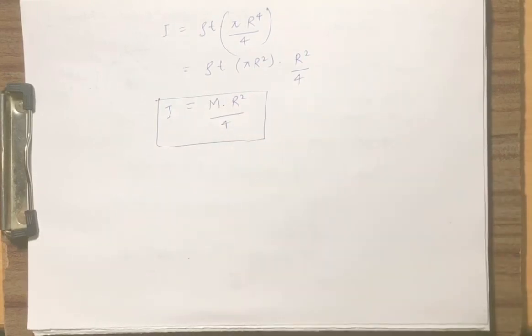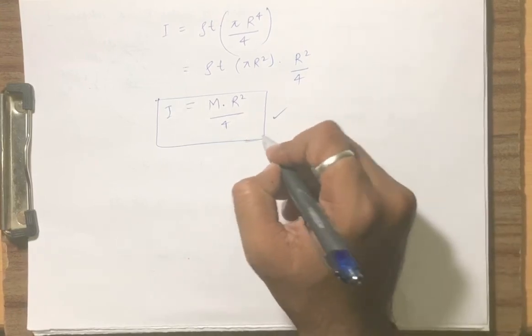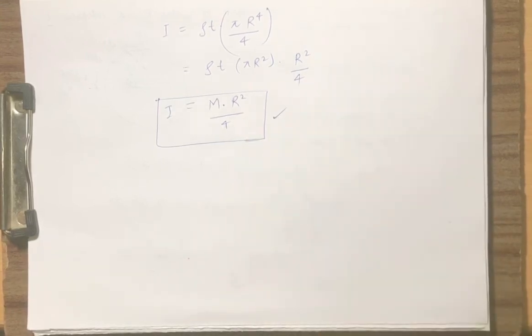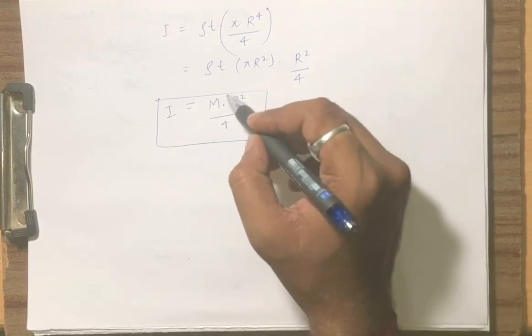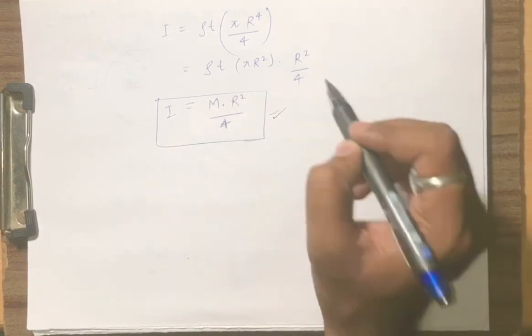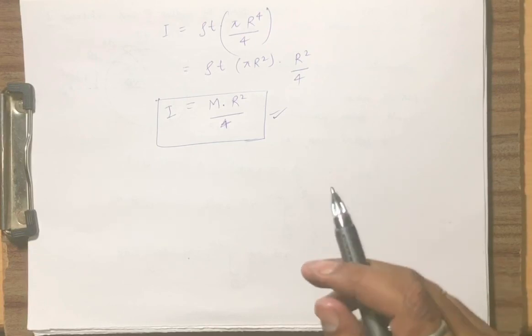So this is the mass moment of inertia of a circular plate with respect to any of the diametrical axis. Any axis which is passing through the center will be a diametrical axis, and about that axis the moment of inertia will be Mr square by 4. So I hope this is clear.